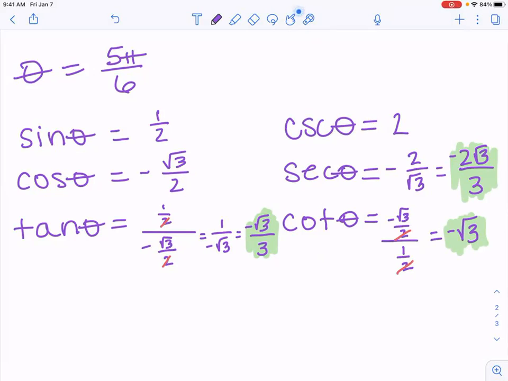Since 5 pi over 6 is in the second quadrant, I know that sine is going to be positive, the other 2 negative. And then you can just remember your first quadrant angle. Okay. So that's a possibility too. If you want to just think about the radical 3 over 2 and the 1/2, we know that we're in the second quadrant. So cosine and tangent should be negative. Okay. That's an option.